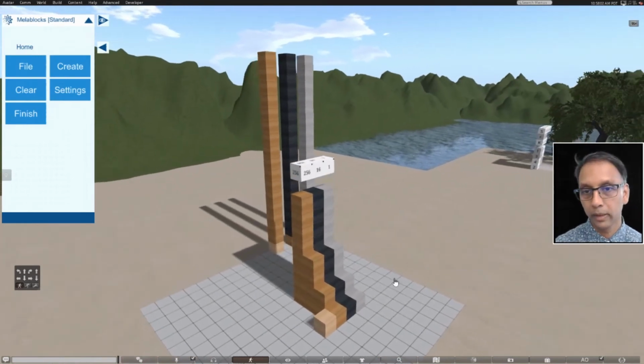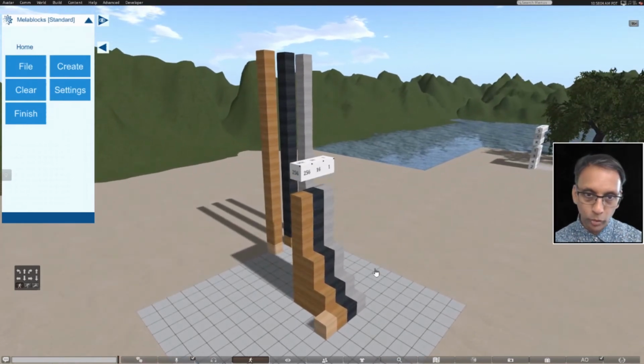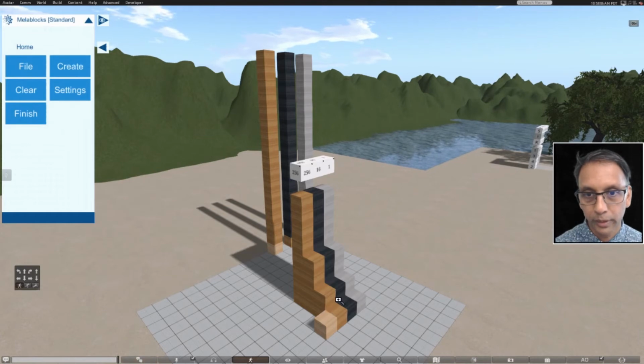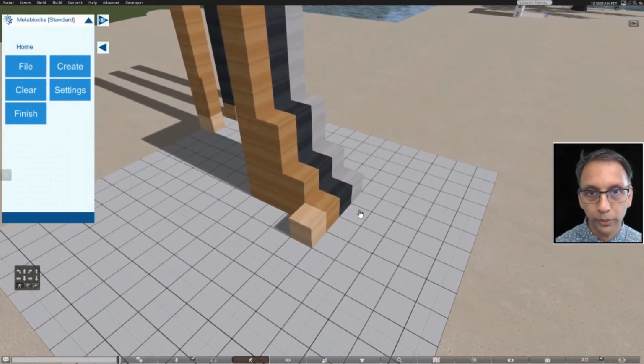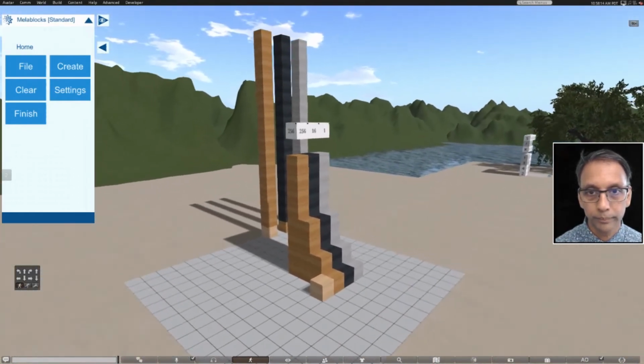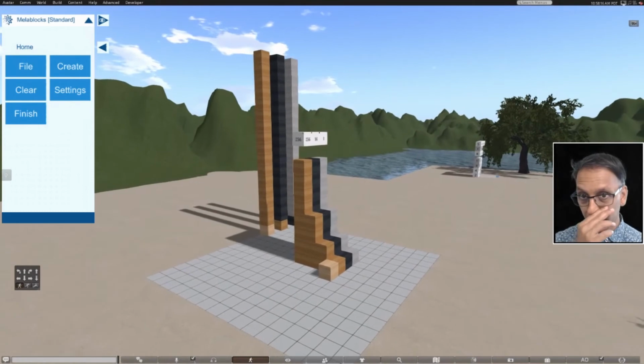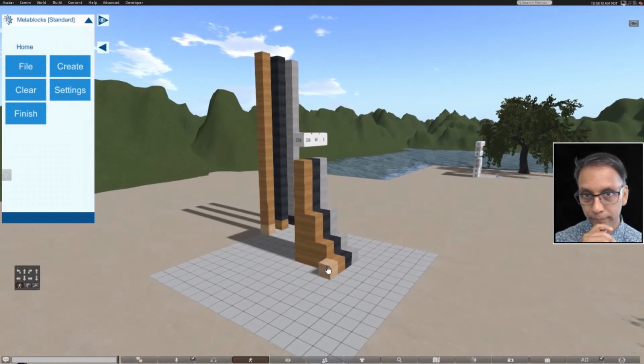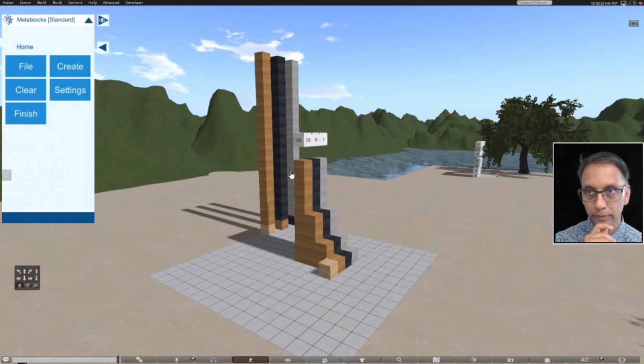Remember, we had a square of 4 by 4 meters. So we have 1, 2, 3, 4, 1, 2, 3, 4. And now I'm going to place the pale brown cube the same way.